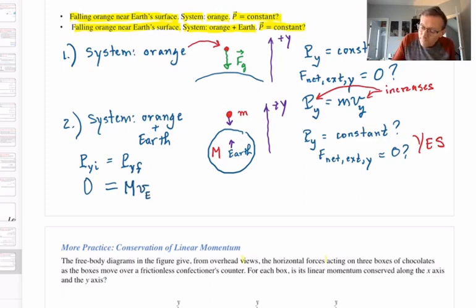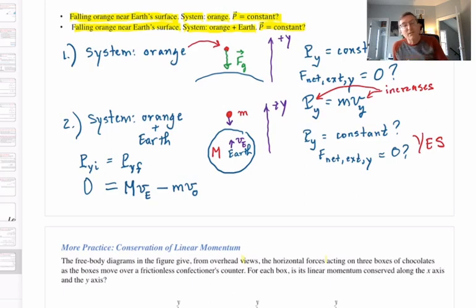So that's what this V here would be, V sub E for Earth. And that's in the plus Y direction according to my axis that I chose. And I want to be consistent with what I chose. Now the orange is moving in the negative Y direction. So I'm going to insert a negative sign to account for direction. And the momentum will be little m for the orange and then that V orange is really technically its speed, because I've accounted for the direction of motion with that negative sign.